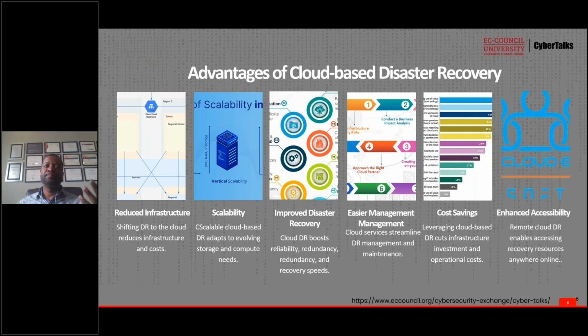And finally, it's the enhanced accessibility that ties everything together. Cloud-based DR gives your team the ability to recover systems from virtually anywhere, whether you're in the office, at home, or halfway across the globe. Now, these advantages aren't just technical upgrades, they're also operational game changers for how we approach business continuity today.